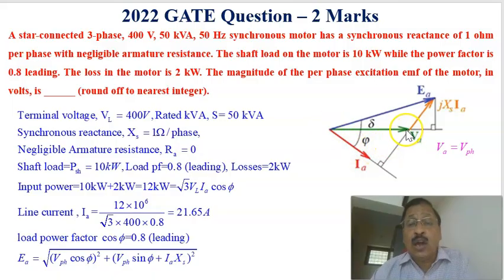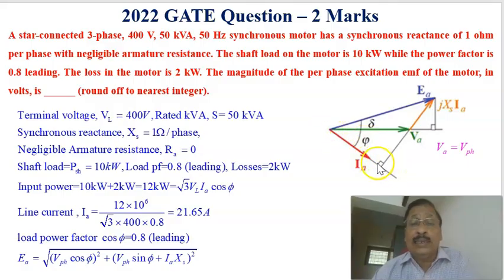Normally we have to add the drop IARA, and perpendicular to that you add IAXS. But since the armature resistance is negligible, we are neglecting RA, so that IARA drop is 0.